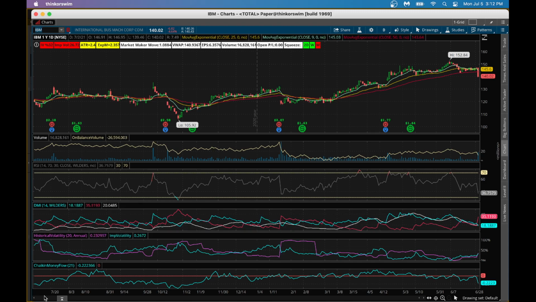And last but not least is the Chaikin money flow indicator that tells you what smart money is doing. For example, right now smart money is going out of the stock. Very typical. When the stock drops off like this, smart money goes down, but normally it's a good time to buy. Somewhere down here, the stock dropped like anything.